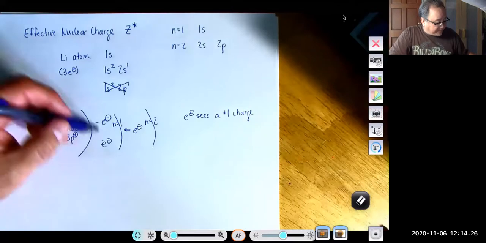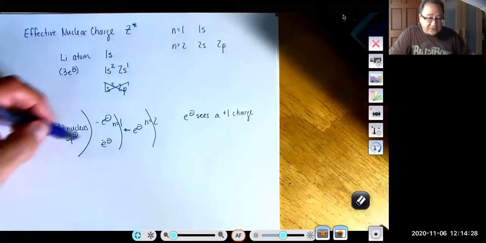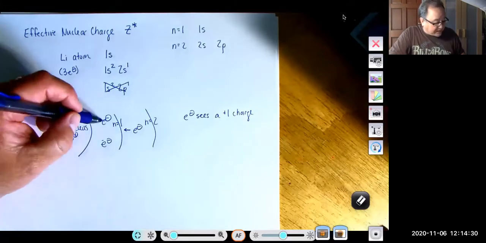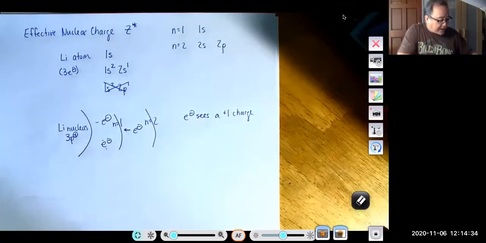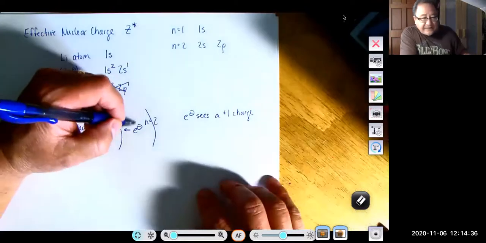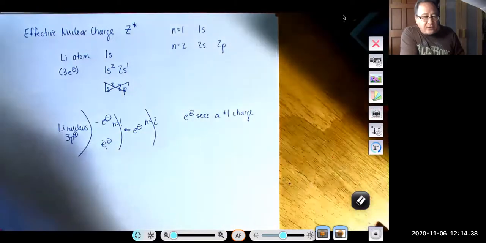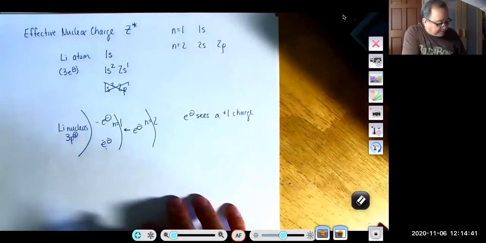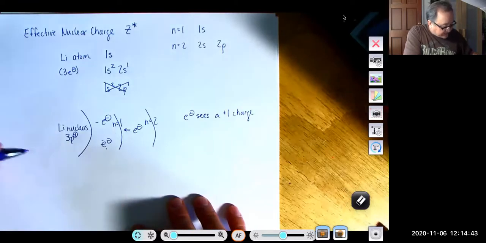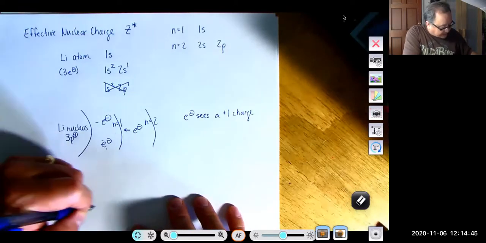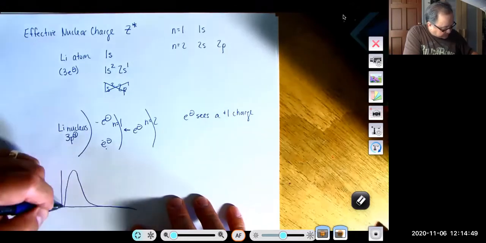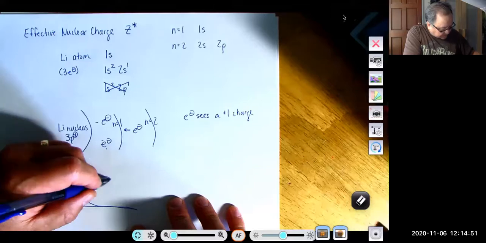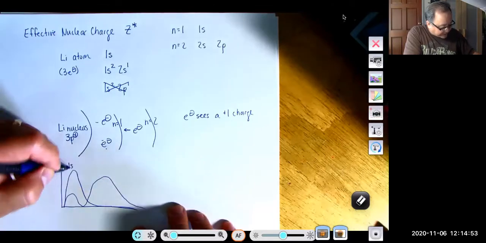1, 2, 3. So when you add these all up, this is +3, this is -1, this is -1. That adds up to a +1 charge. Okay, so that's when it's far away from the nucleus. But if you remember, and you look at the radial density maps, here's a 1s and here's a 2s.